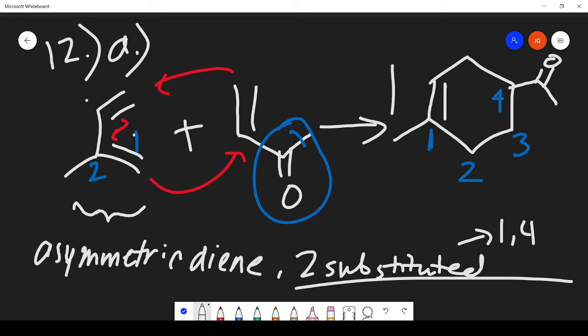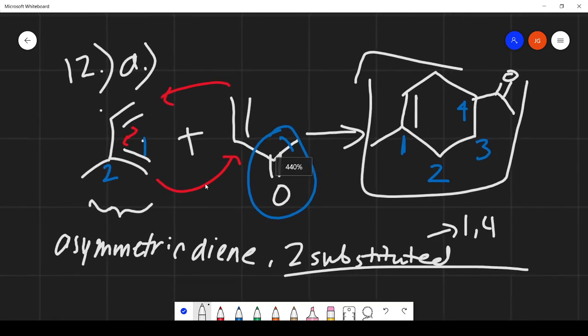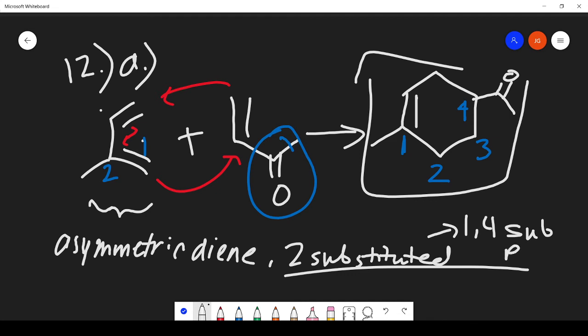And so that is our answer for 12A. Got it? So a 2-substituted diene will form a 1,4 substituted product.